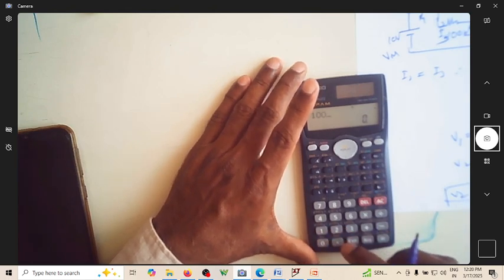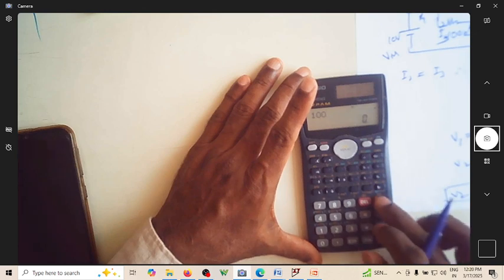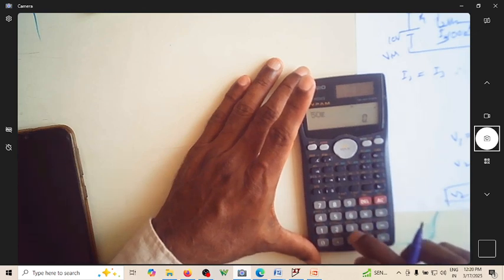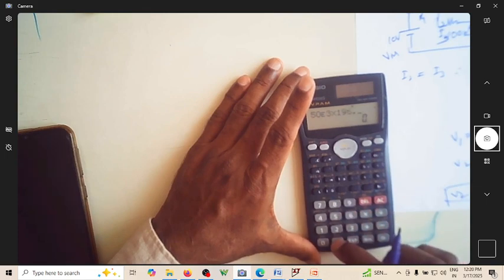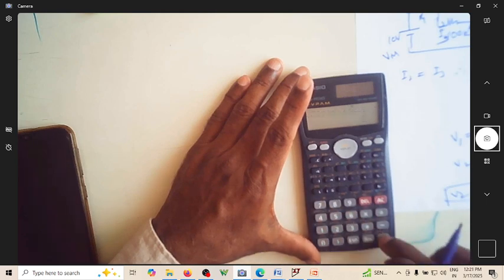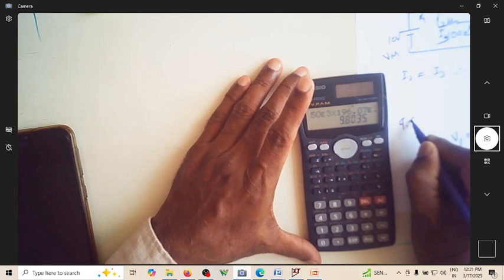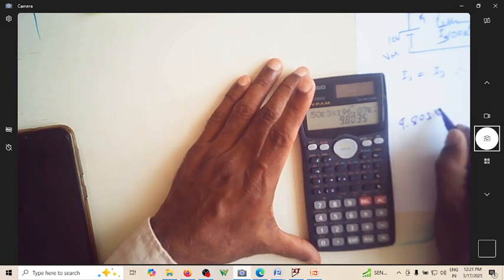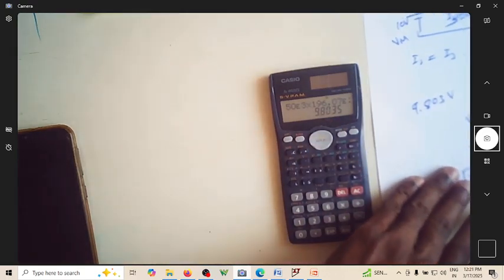So it is 50 exponential of 3 into 196.07 exponential of minus 6. Can you see it is 9.803 volt, not millivolt? This is actually volt.